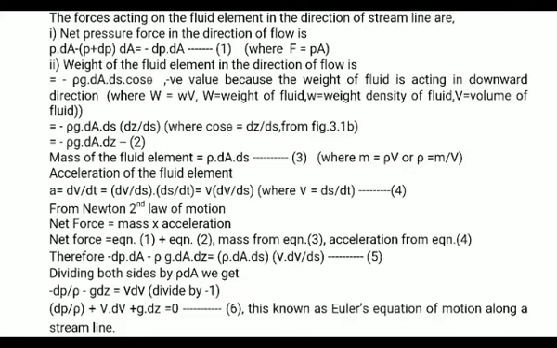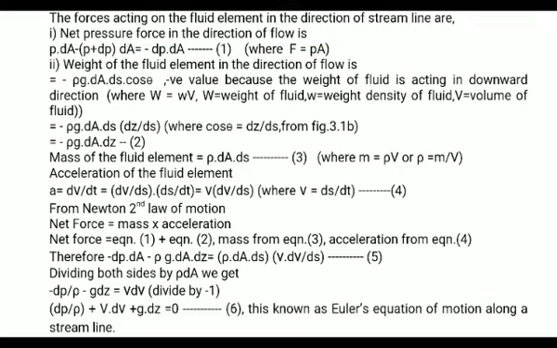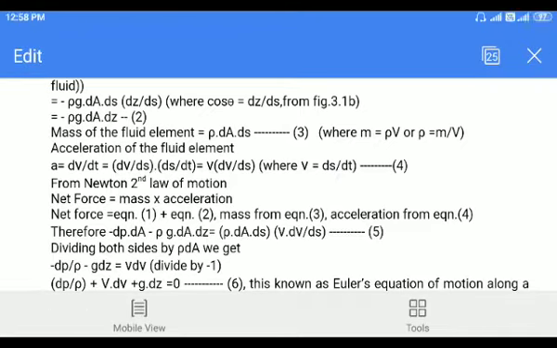So mass of the element is equal to rho into dA into ds. That is equation number 3, that is mass. Already we know mass is nothing but rho into v here. Therefore, rho into dA into ds. And also the acceleration of the fluid element is nothing but change in velocity by time taken.